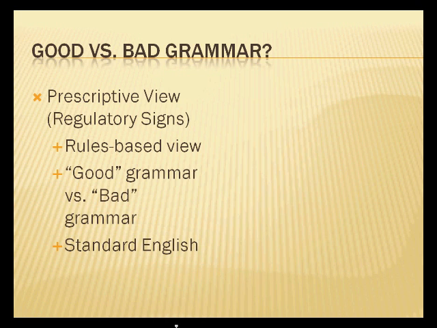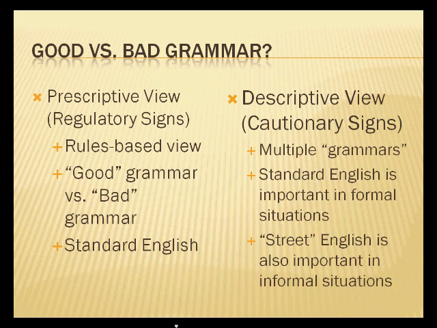Of course, another way to look at grammar would also be to look at largely how people use grammar, not necessarily focusing on whether it's right or wrong, but thinking about the context where the grammar is introduced. So think of this in a way as a cautionary sign, much as you might see a yield sign or a pedestrian crossing sign. Well, this particular view is the descriptive view, in which there may be multiple grammars depending on the context where you're using them.